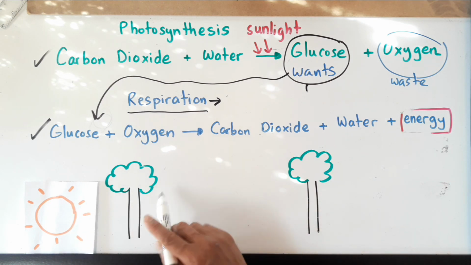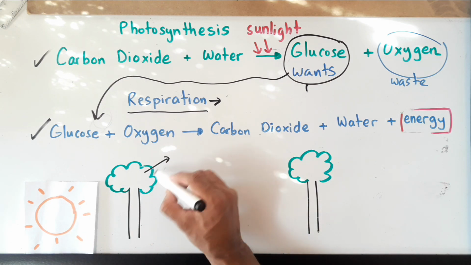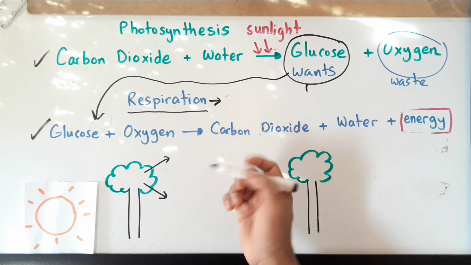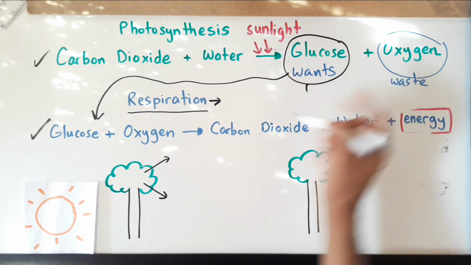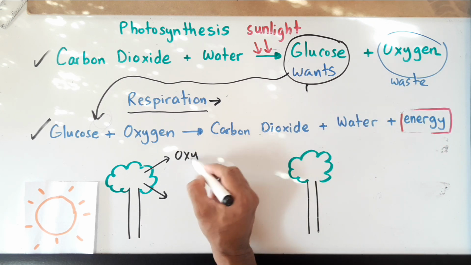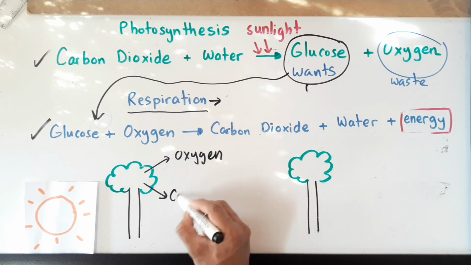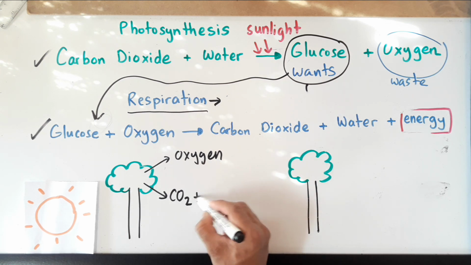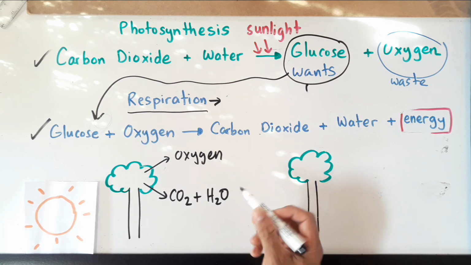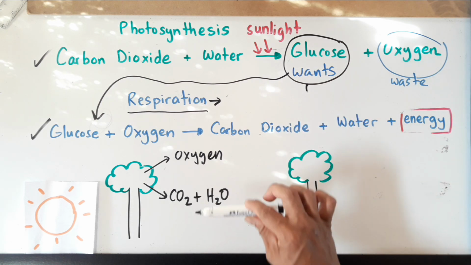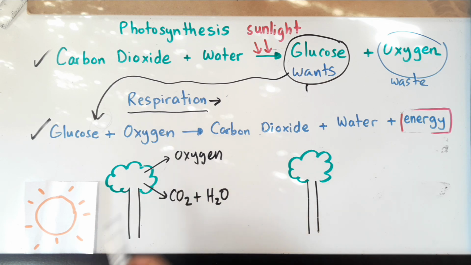So during the day, the plant will be photosynthesizing and respiring. So during the day, you can expect oxygen to be coming out of the plant, and also carbon dioxide, CO2, and H2O. Well, I'm not too focused on the H2O, but I'm still going to put it in. So during the daytime, the plant is excreting oxygen and carbon dioxide and some water.